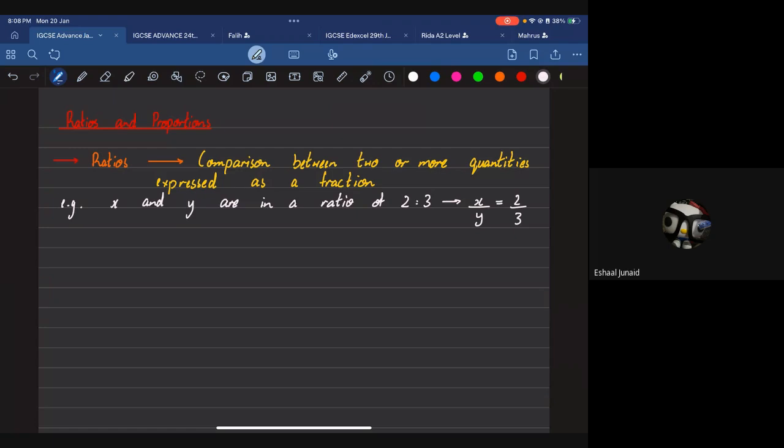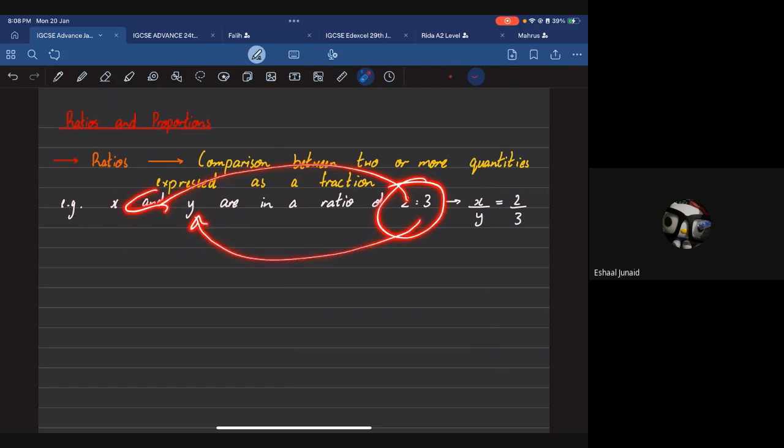What we mean by this is that whatever quantity x and y these shareholders are having between them, obviously it has to be the same quantity in order for it to be compared. And if x and y are in a ratio of 2:3, whatever the quantity is, you're trying to compare how much x will receive and how much y will receive.